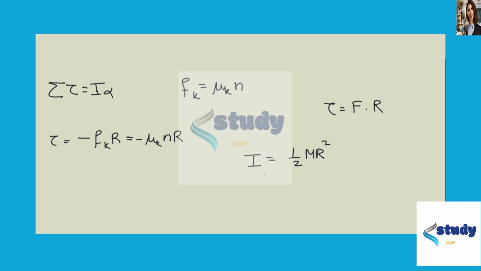So that means what we can do here is we can equate I alpha with this quantity right here. So that will give us half of m r squared alpha, which is equal to negative mu k n r, right? Now from there we can actually solve for mu k.